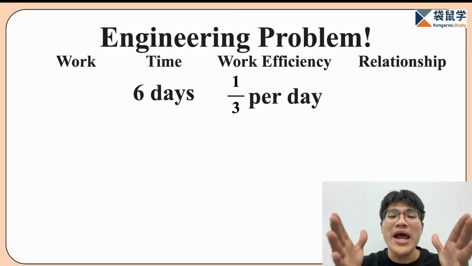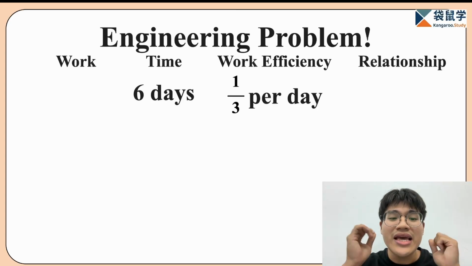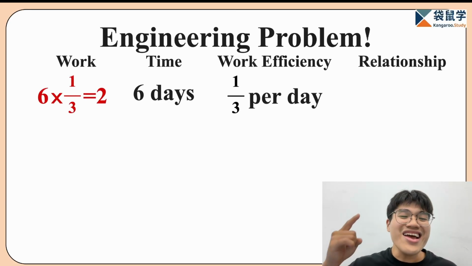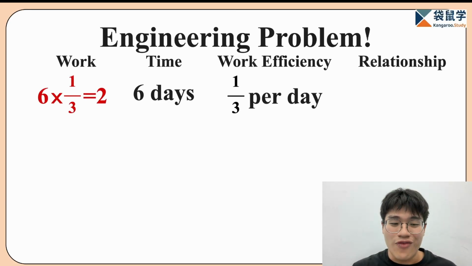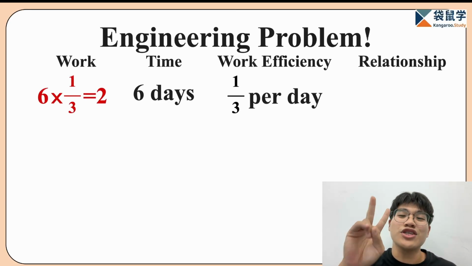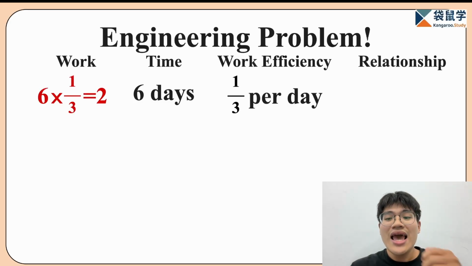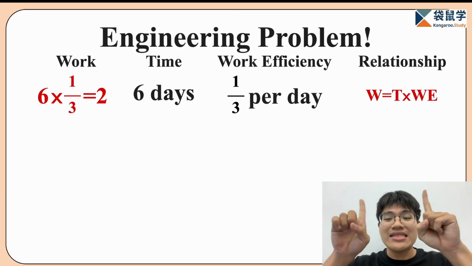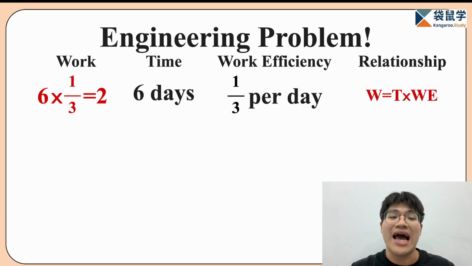Then how many cars can I make in 6 days? We can use 6 times 1 over 3, and we get 2 cars in 6 days. And as we can see here, if I have the time and the work efficiency, I can multiply them together to get the work.